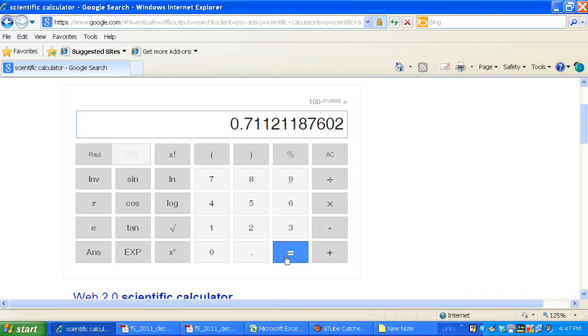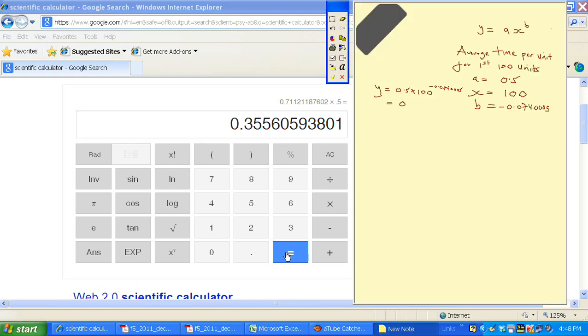We get 0.71. Then we multiply that figure by 0.5, and we end up with 0.3556.